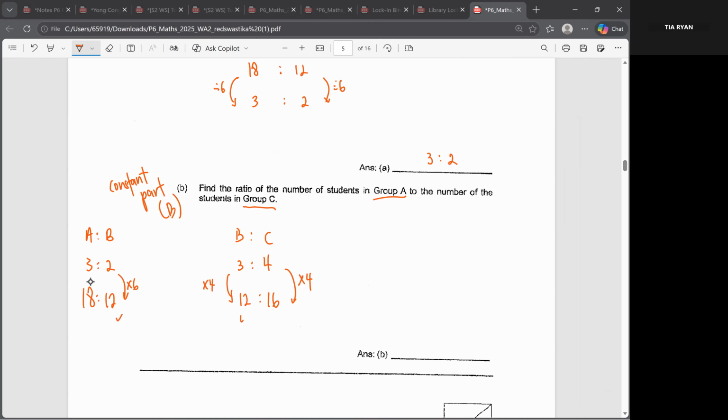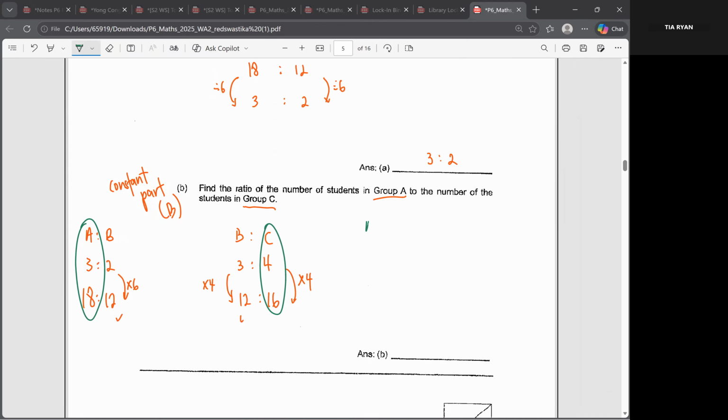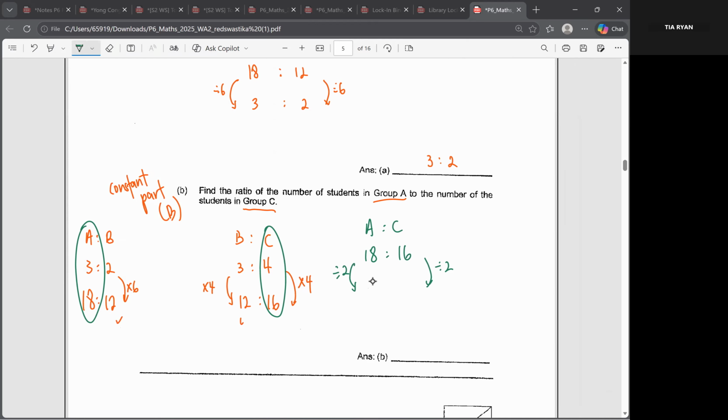Agree or disagree? So I want to find students in group A to students in group C. So A to C will just be 18 to 16. I divide them by 2 first. I get 9 to 8, and that is my answer to this question.